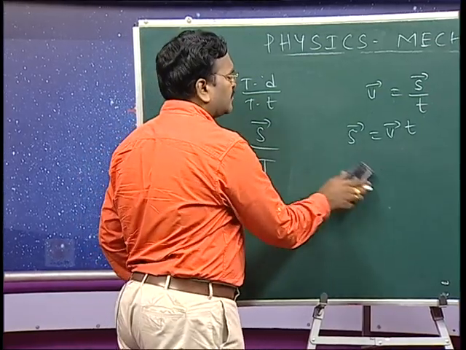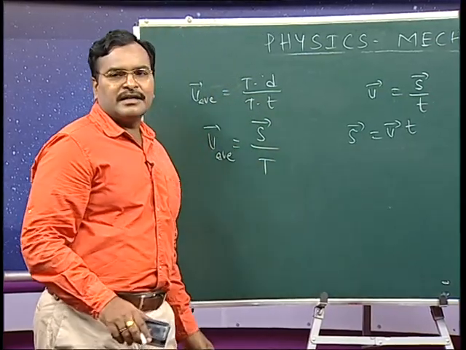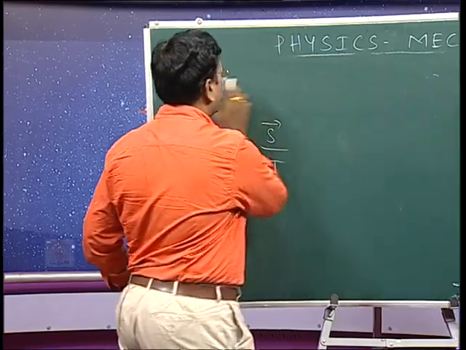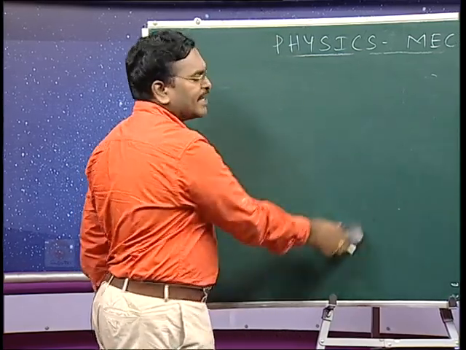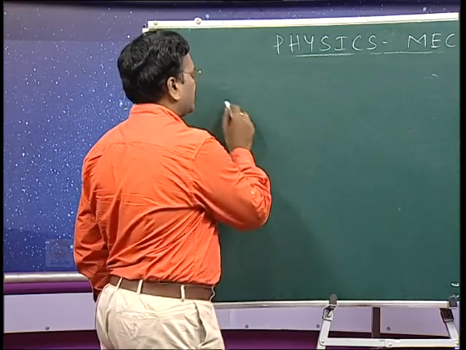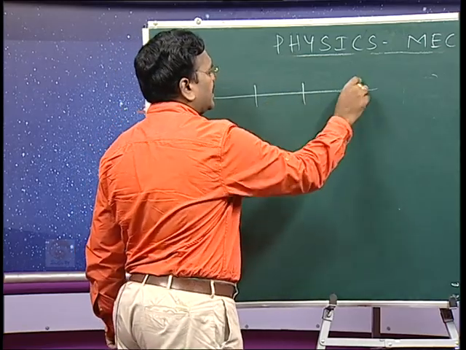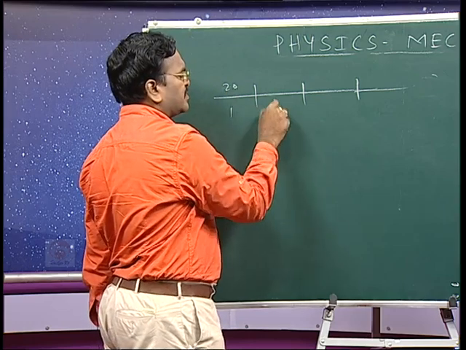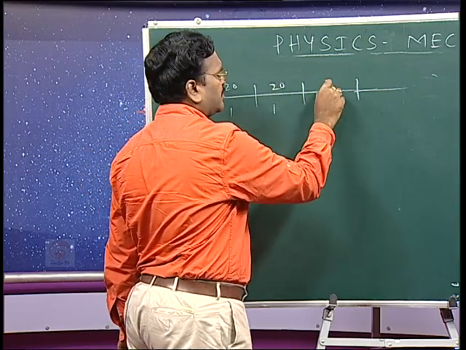And also we have uniform speed or velocity. Uniform speed means what? Body covers equal distances in equal intervals of time. First hour it travels 20 kilometers, next hour also it travels 20.